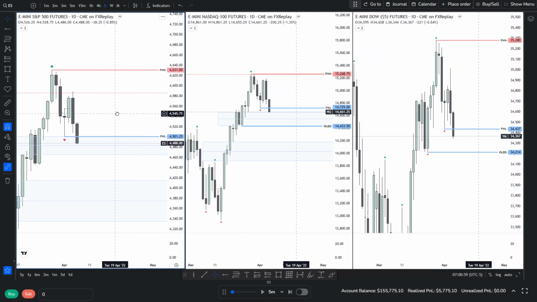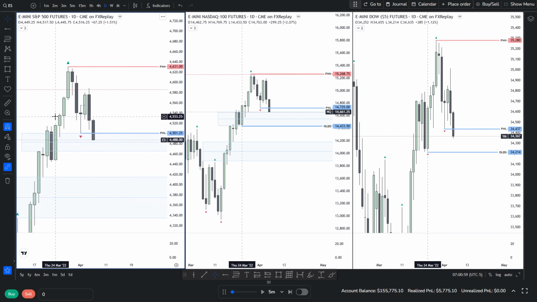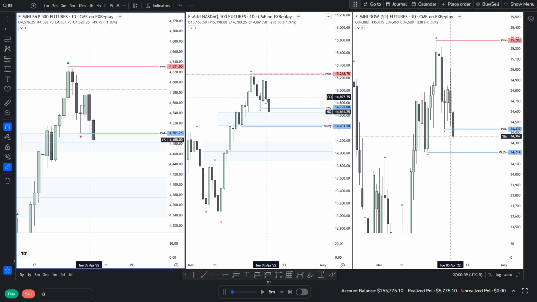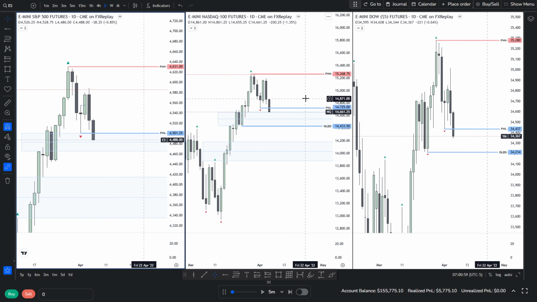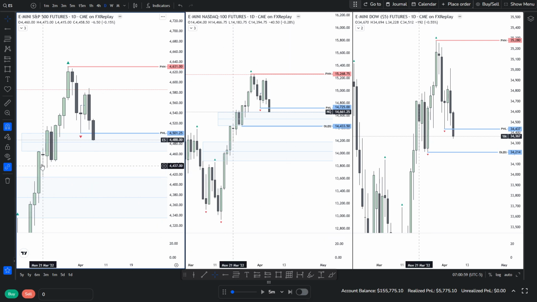Back to the daily. So yeah, we had the daily BPR which got traded through on both. All markets have traded through this key price level. Now there isn't anything here.